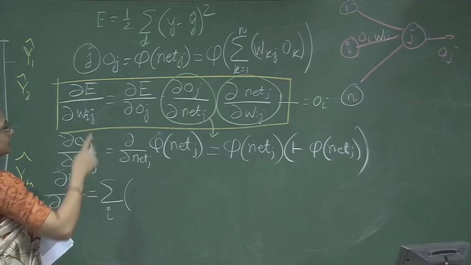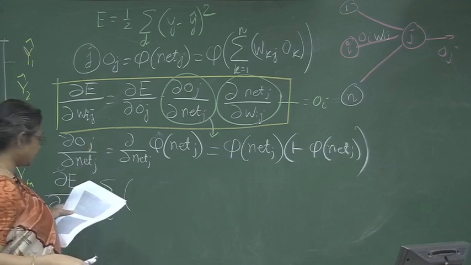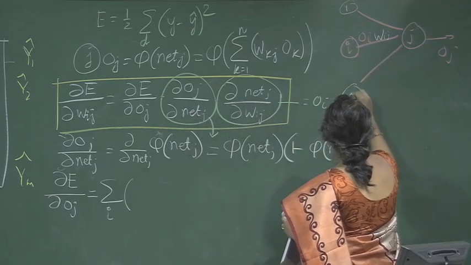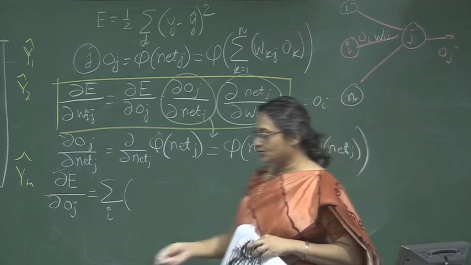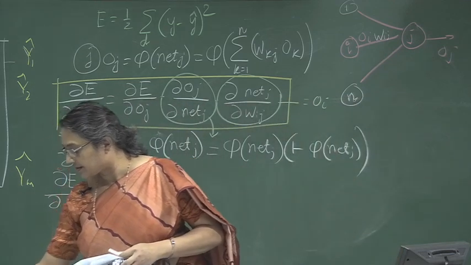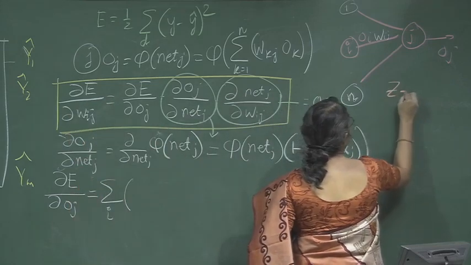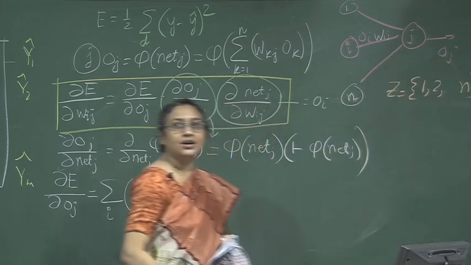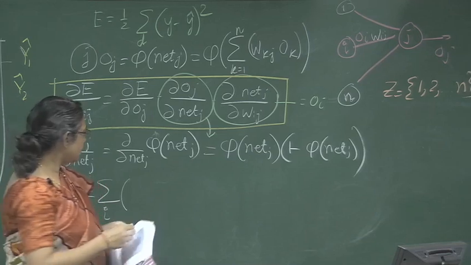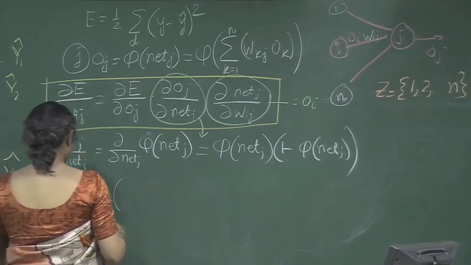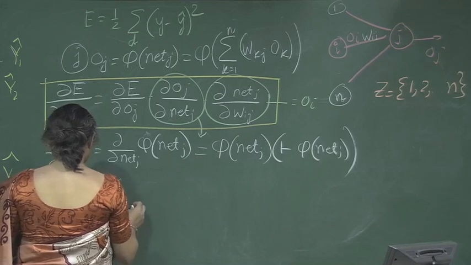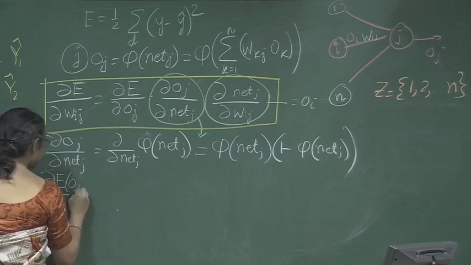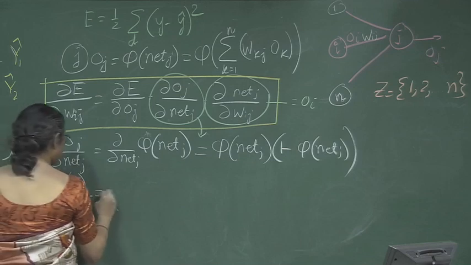Let us say that the inputs to this network are 1, 2, 3, 4 up to n. These are the inputs to the unit oj. So, this is E of the output oj.